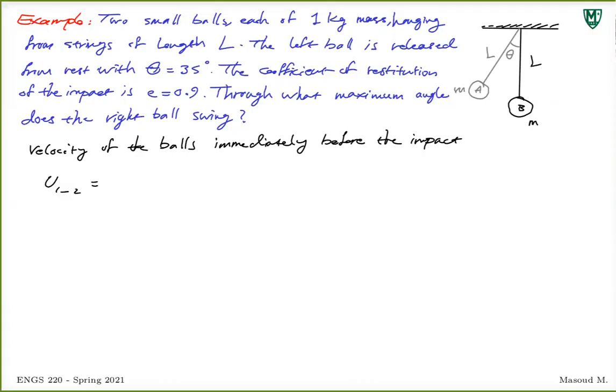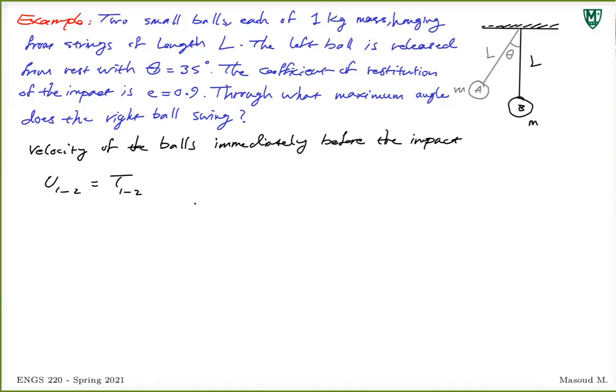We can just look at it as direct central impact and then put the velocity of B as 0, right? Because even in direct central impact, one object can be stationary. It doesn't have to be oblique central impact. We have the equations, you just plug in the 0 velocity. Right. We'll do that.